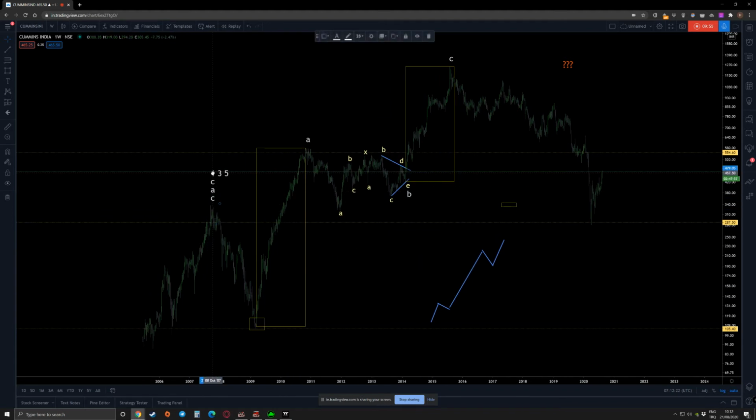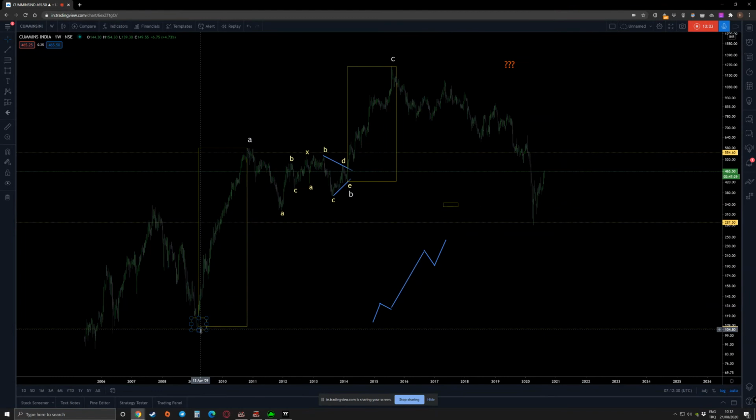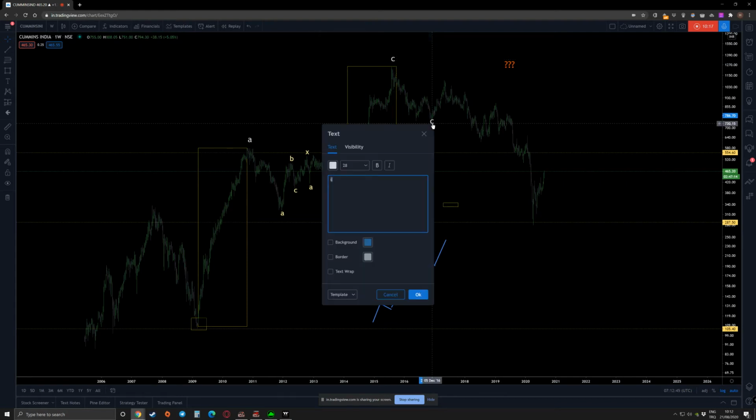But on corrective waves, not always is the end of the move the top of the move. So just because you have a bottom or a top, don't immediately assume that this is where the bigger degree or the same degree ended.